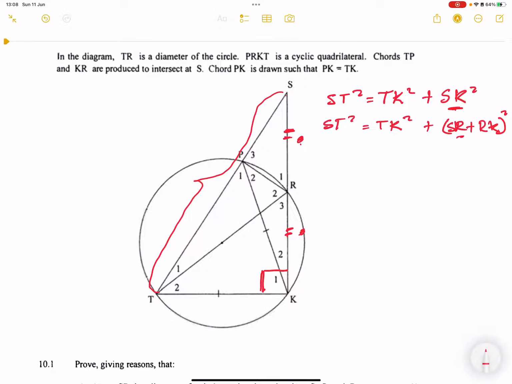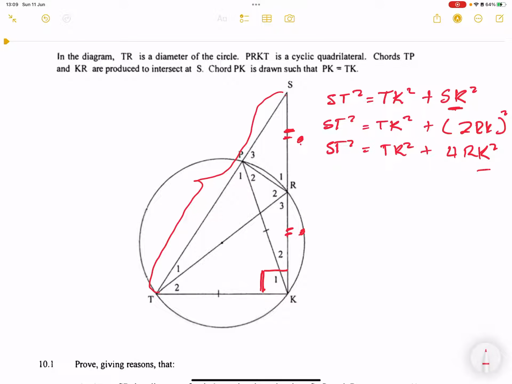But we know that SR and RK are equal, so I can substitute SR for RK. That becomes 2RK. So ST squared is equal to TK squared plus 4RK squared.